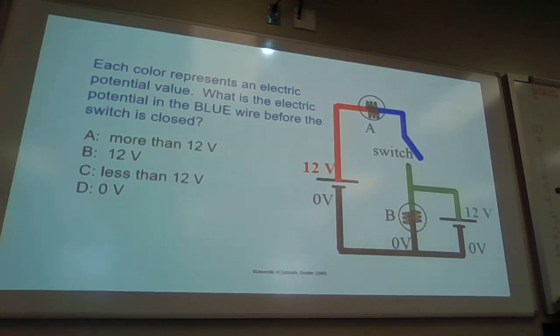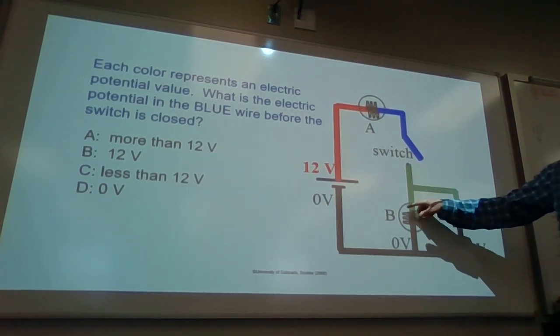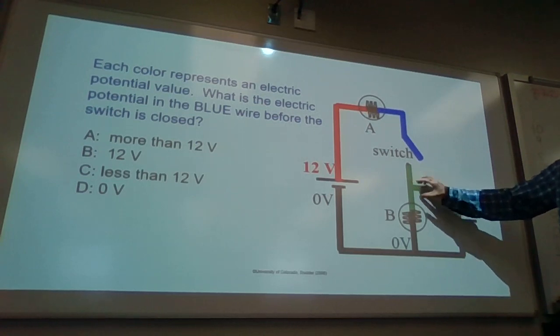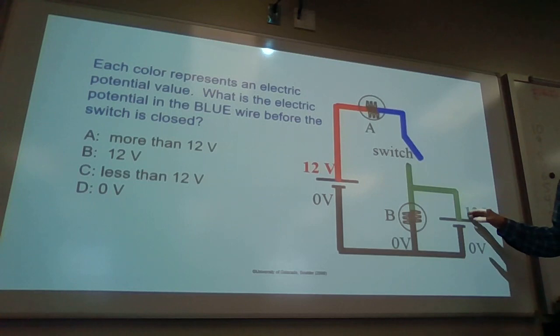This is one of those things where you're going to go step by step. Okay, are we understanding this? So all this here has an electric potential of 12 volts.